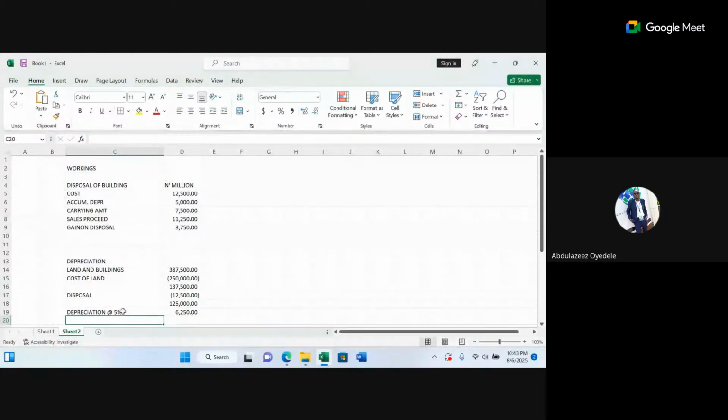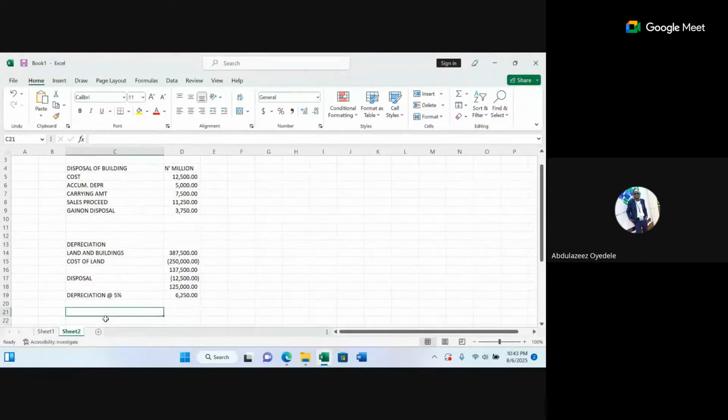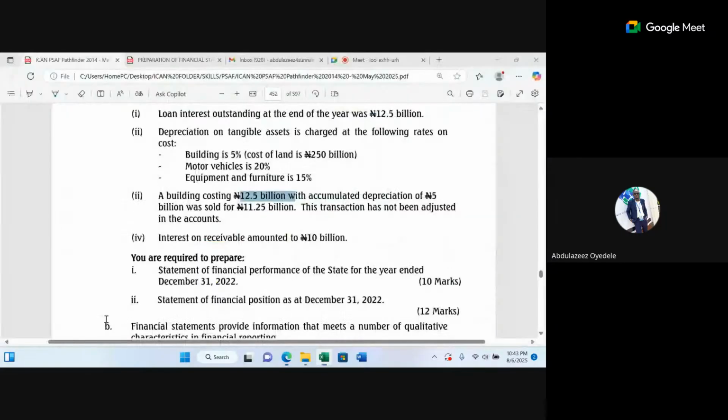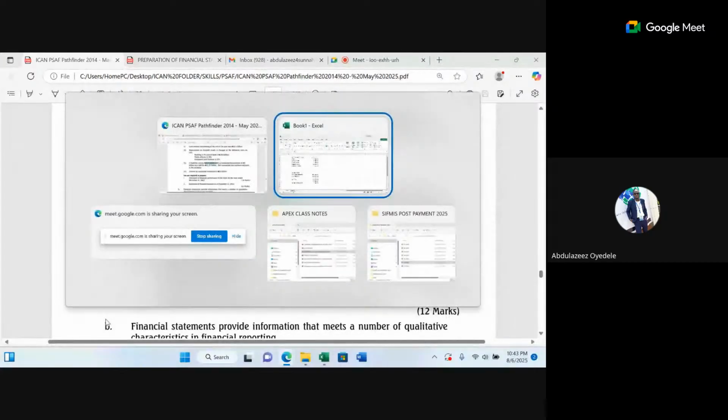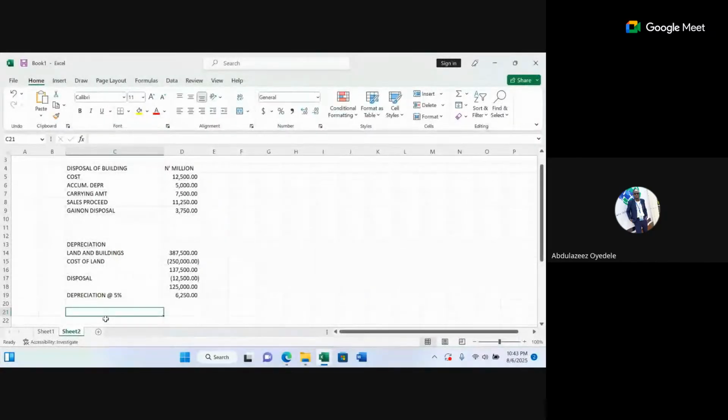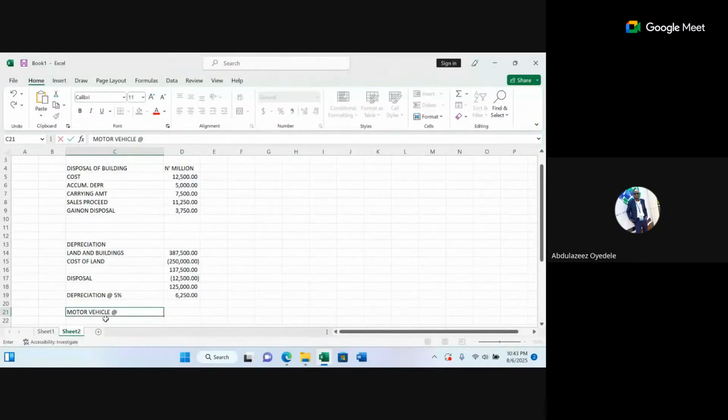Okay, and then depreciation for which other one? Motor vehicles is 20%. I think that one is straightforward. There's no issue on that one. 20% of motor vehicle. That's 20%.